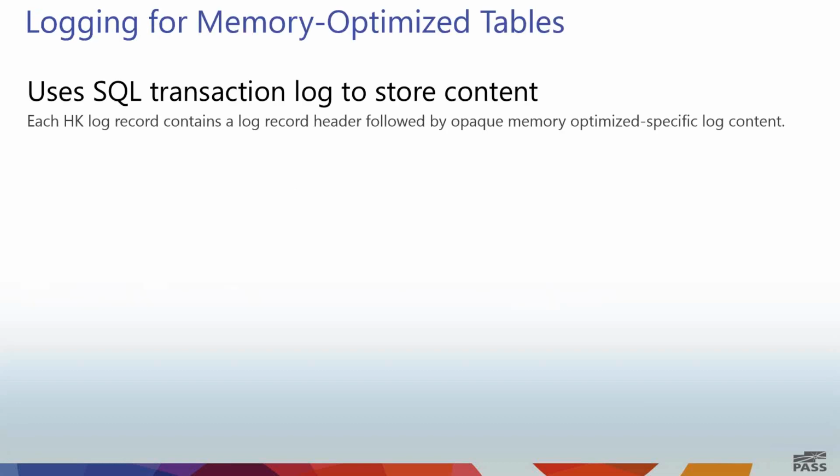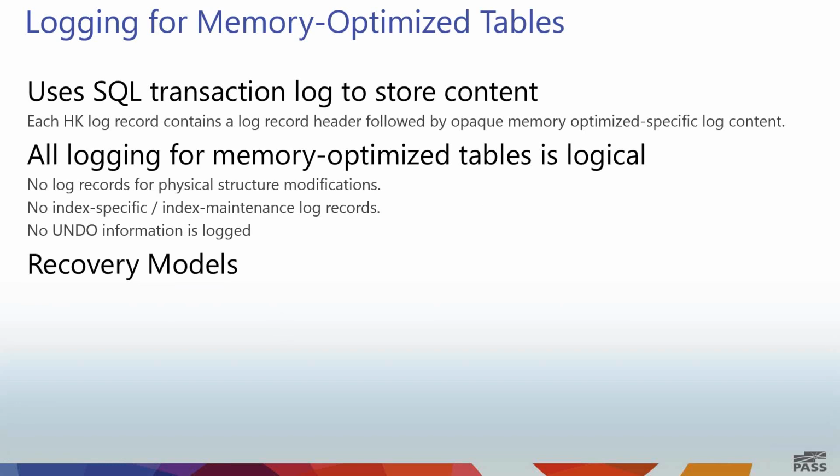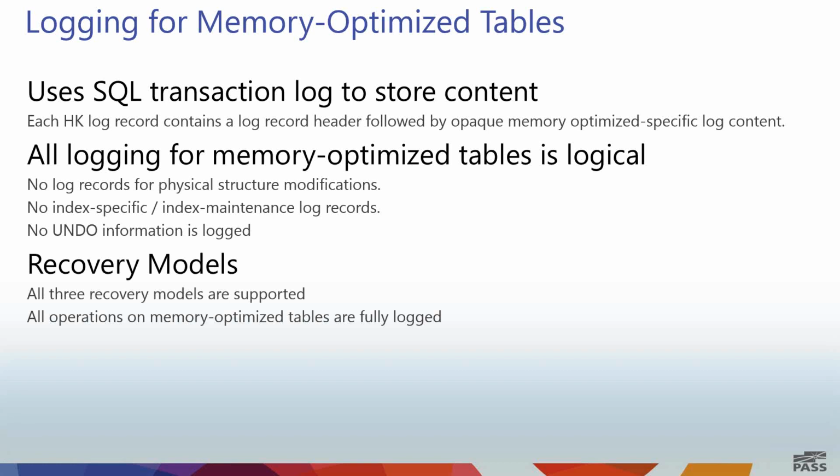Memory optimized tables use the database transaction log to persist the log records. We have a new type of log record which has a standard format of a record header, and then an in-memory OLTP specific piece of log content which is understood by the in-memory OLTP storage engine. Also important to keep in mind is that all logging is logical.